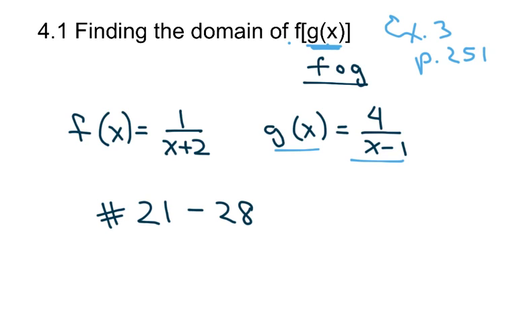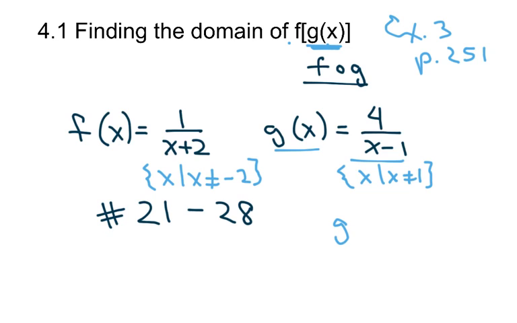We notice that x is all reals, but x cannot be 1, because that would make the denominator 0. Now, we also notice that for f, the domain is x such that x cannot be -2. So that means, in this case, that g of x can't be -2.